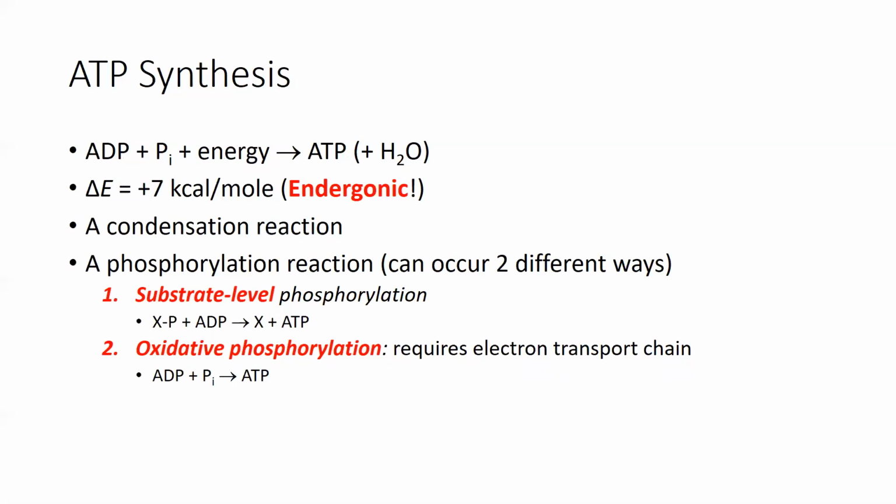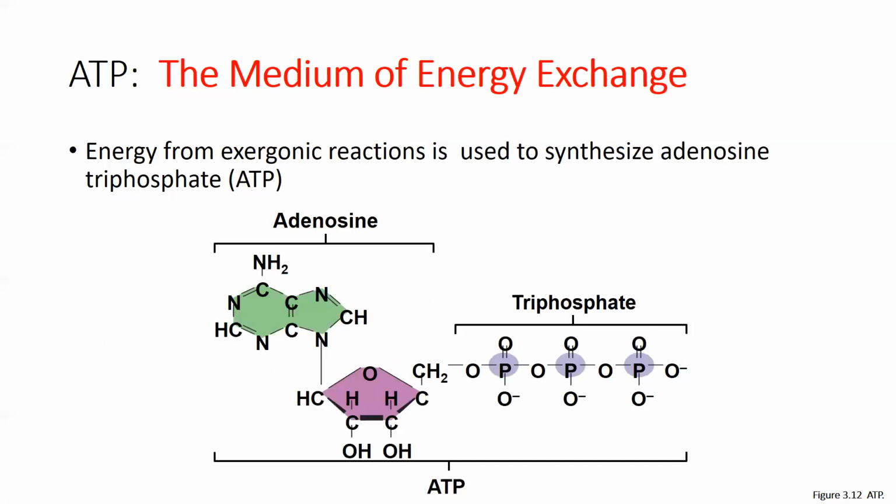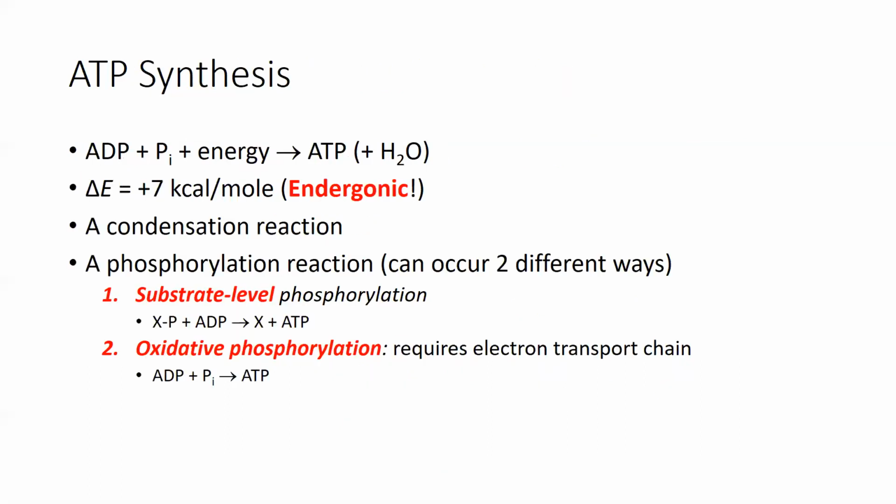We're going to make that covalent bond between these two ending phosphates, and we're going to release water, and so that's a condensation reaction. Now, again, there are 2 mechanisms to do this, 2 mechanisms to phosphorylate ADP. The first one is substrate level phosphorylation.